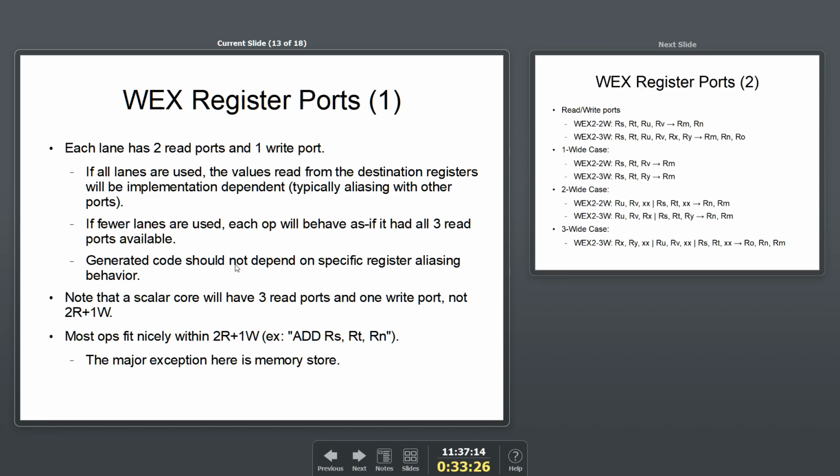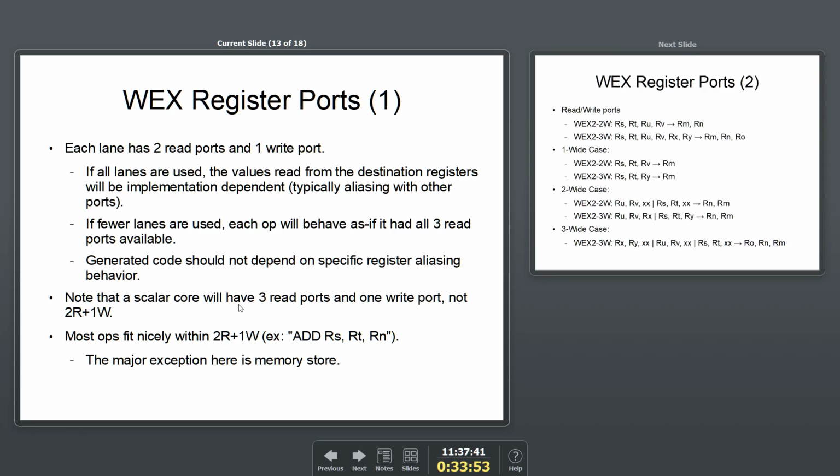Generated code should not depend on specific register aliasing behavior. Again, that's because that would make a horrible mess and limit the ability to run on different cores. So basically this is a don't do this case.